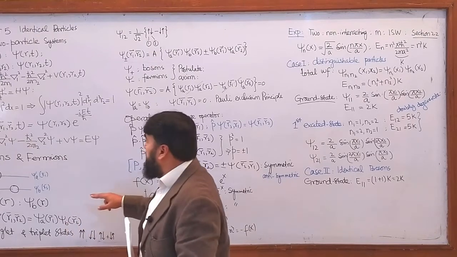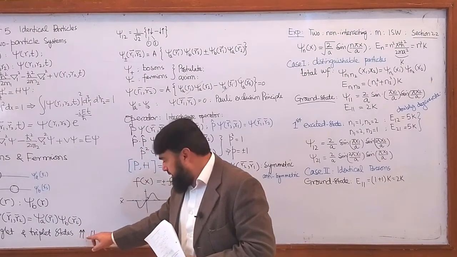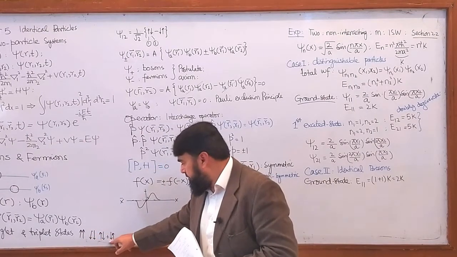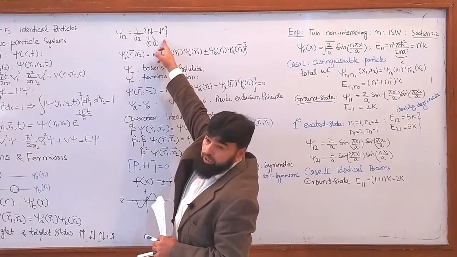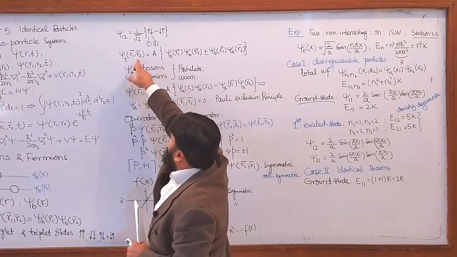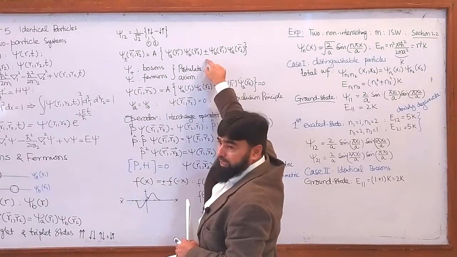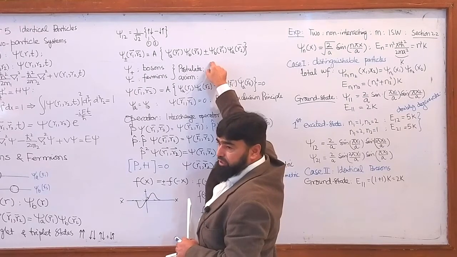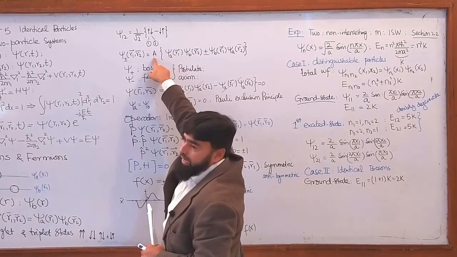Because there are other possibilities. These two are possible, but this configuration is also possible. Similarly, this configuration is also possible. Now when I come to identical particles, I will have to write them like this, with plus and minus here. Clear? This will normalize it.